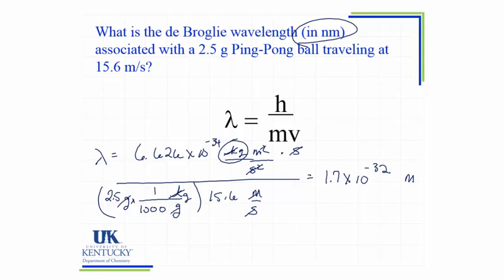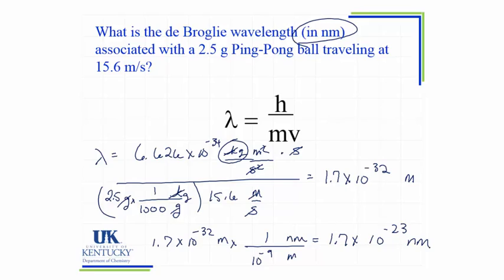Let's go ahead and convert it to nanometers, because that is what wavelength is usually reported out, especially when we're dealing with electromagnetic radiation. So a nanometer is 10 to the minus 9 meters, and that's going to give me 1.7 times 10 to the minus 23 nanometers. So any particle, if you know its mass and its speed, can have a calculated wavelength.